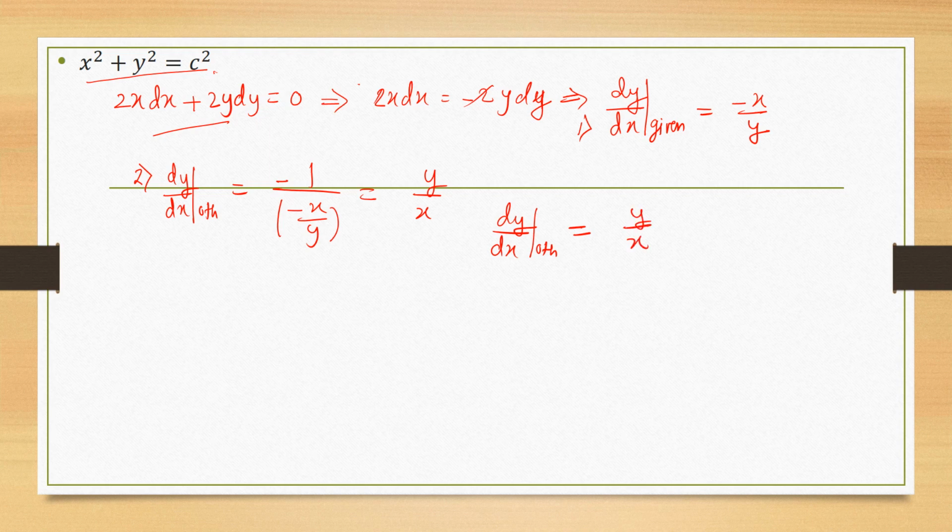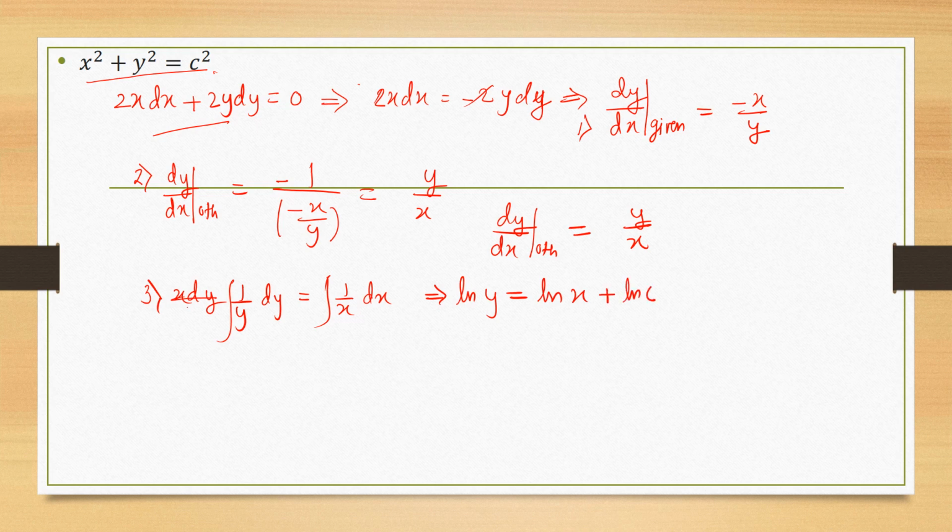Now simply apply the third step, that is to apply the variable separation method. So 1 by y dy will be equal to 1 by x dx, and simply integrate. So we will get log of y equal to log of x plus log of c.